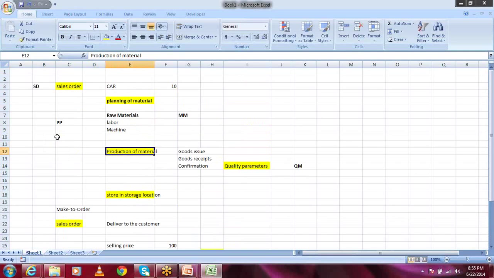If the capacity is 100 and you plan only 70, that means you are wasting 30% of the capacity on that machine. That way you need to consider the capacity and plan the materials on the machine. That is called capacity planning. That is also one concept in PP.